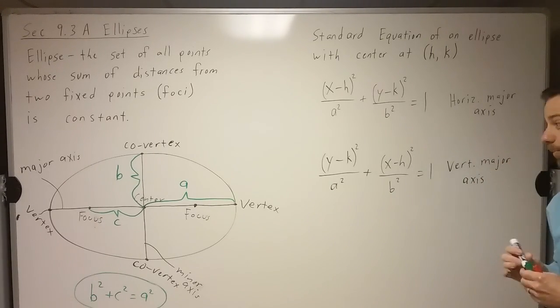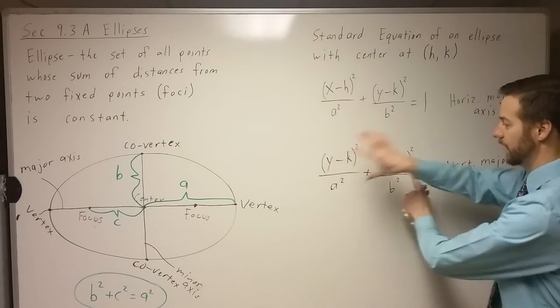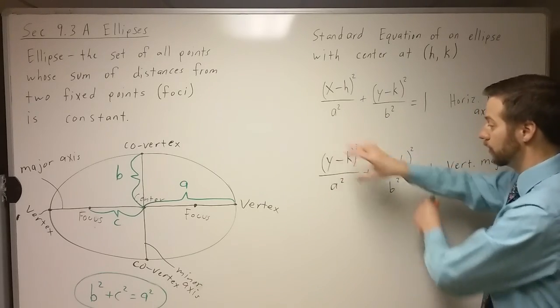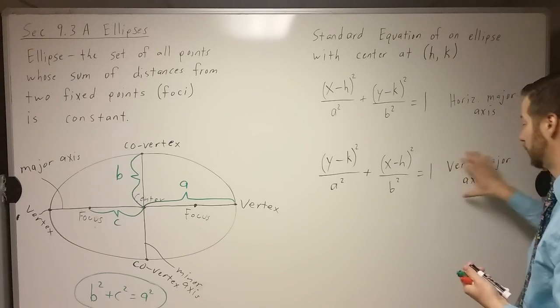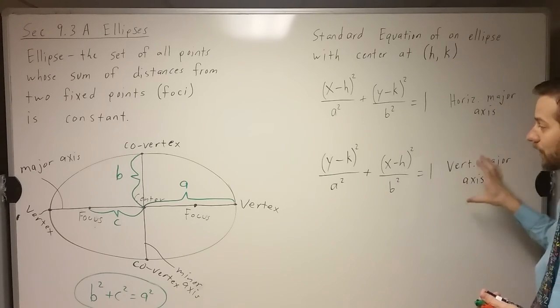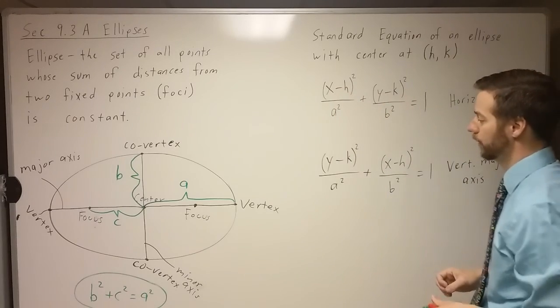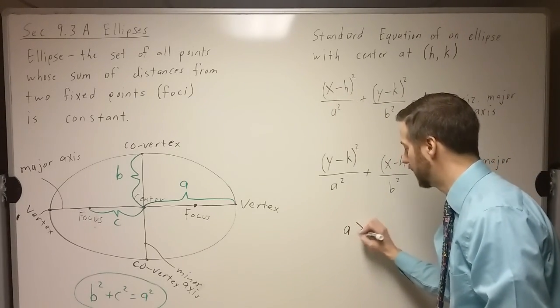I want to make sure you hear this part because this is important. The order of these two terms is completely irrelevant. So I could switch these two, and as long as a was under the y, it wouldn't matter. It would still be a vertical major axis. And so I know I put the y first on this one, but it's completely interchangeable for the order. Here's what always has to happen. a is always bigger than b.